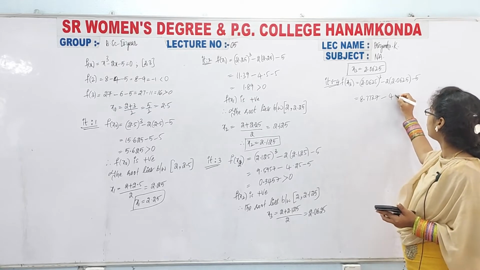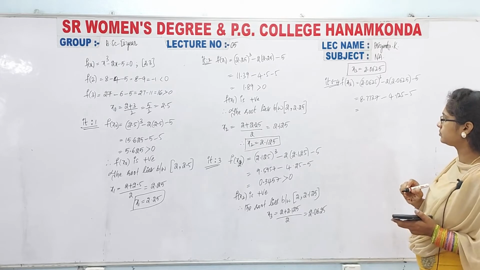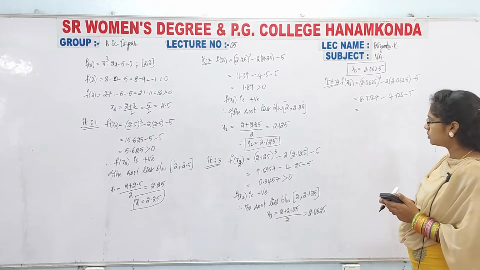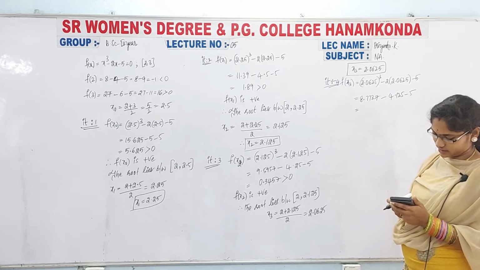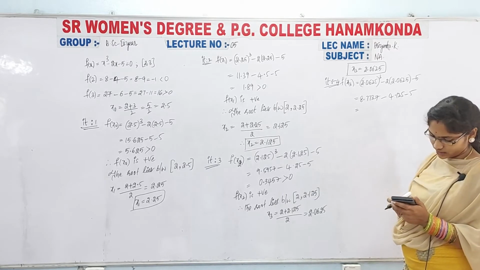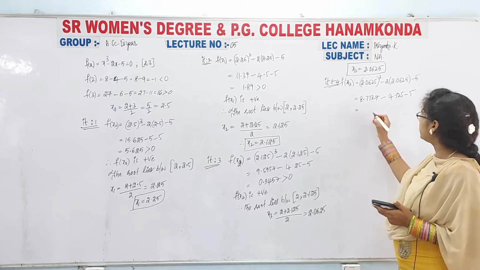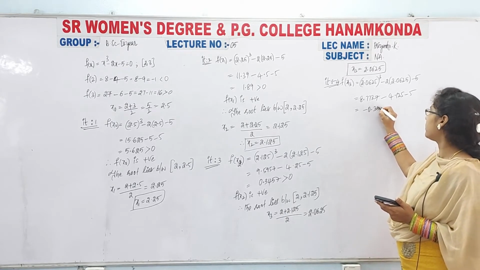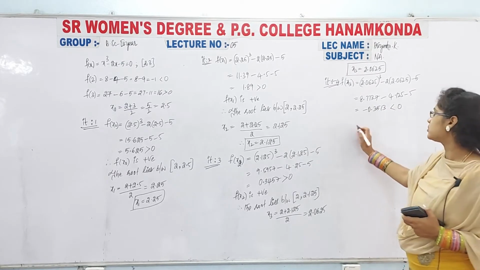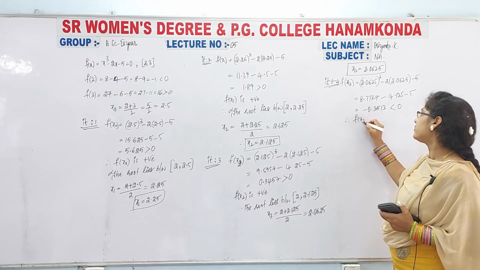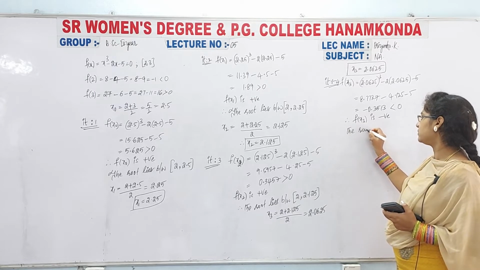Now it is again 4.125 minus 5. So it is minus 0.3513. Now we have the value of f of x3 as negative. So now what I have to mention, f of x3 is negative. Therefore the root lies between.